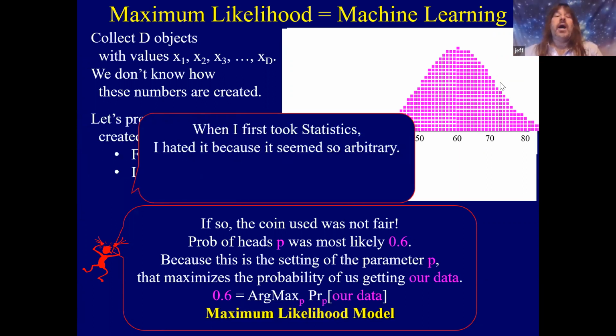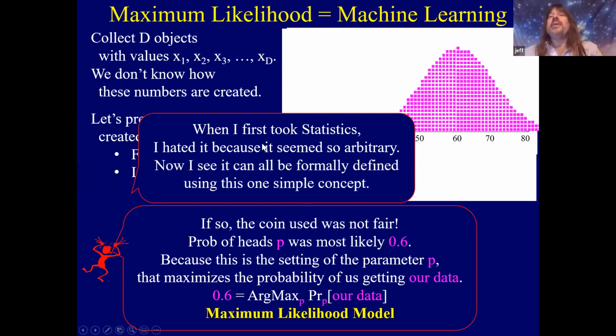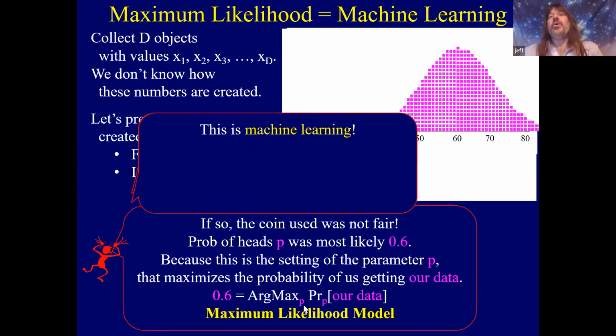When I first started taking statistics in undergrad, I hated it because it seemed so arbitrary. But as I started to figure it out, I realized that pretty much everything they do uses this simple concept, the idea of maximum likelihood. And so let's understand it a little bit better.